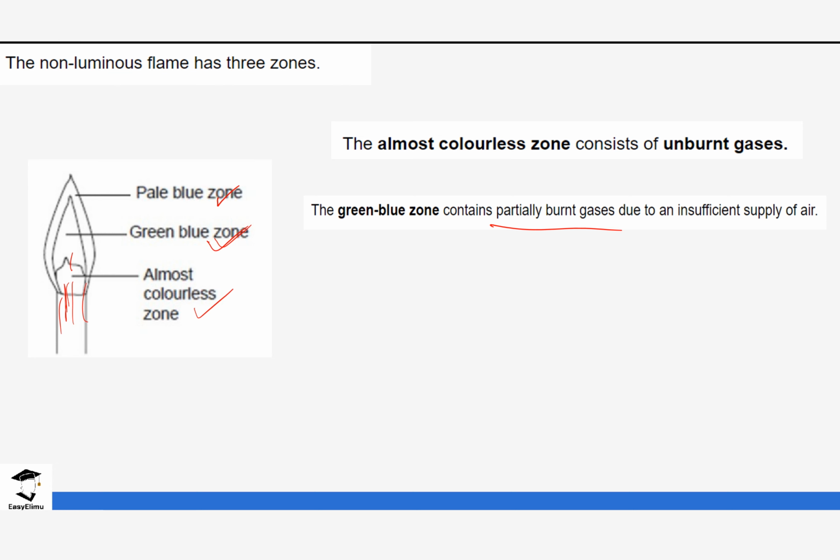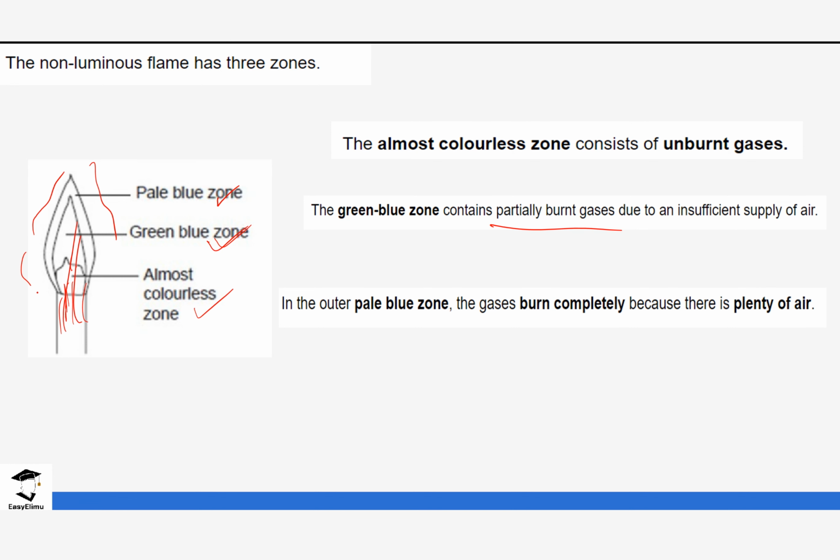As they get burnt, they start forming that green blue color. And then as you go further into the outer zone, which is the pale blue zone, the gases usually burn completely because there's plenty of air. First of all, the air is getting in from the chimney, and also there is air surrounding the flame. So there is complete combustion in this flame.